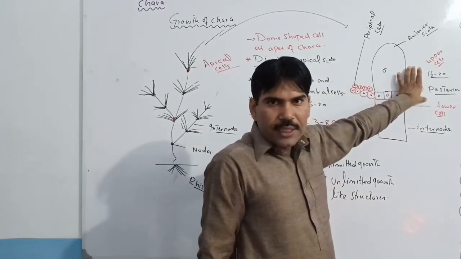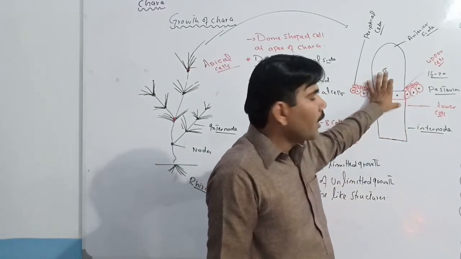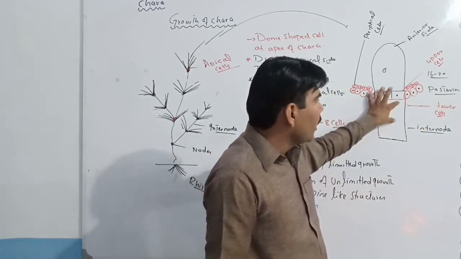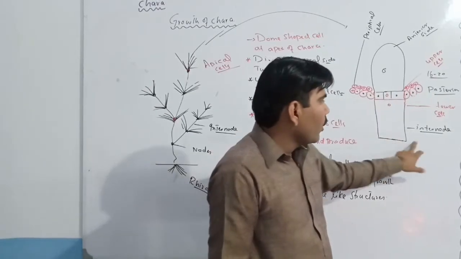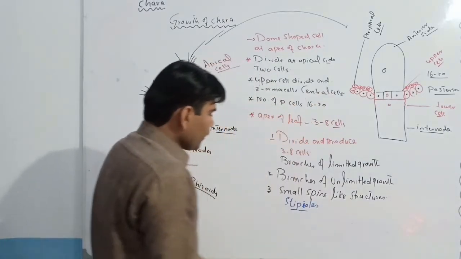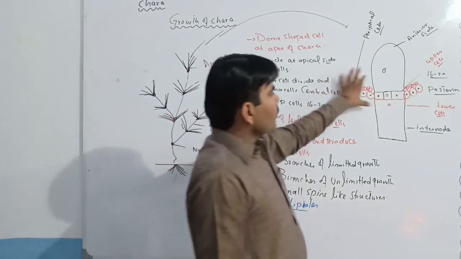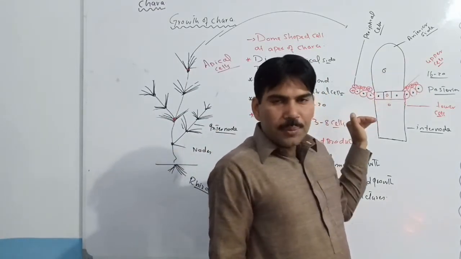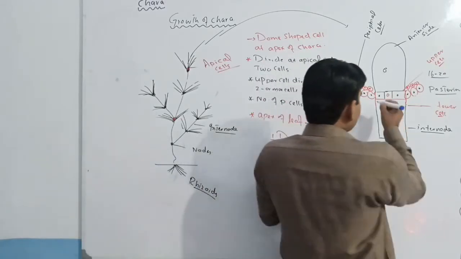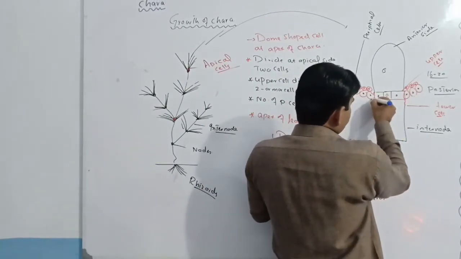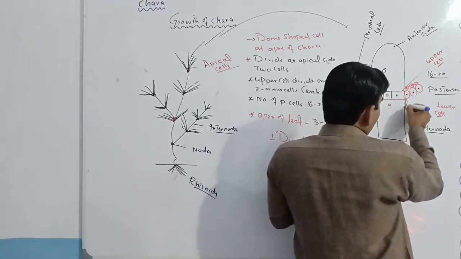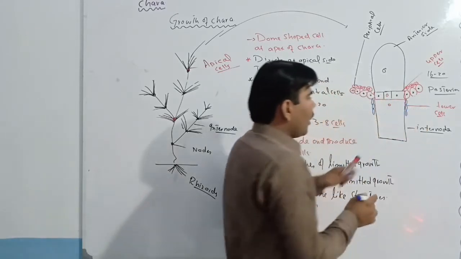And these peripheral cells are formed as a result of division of the upper cell, but the lower cell will not divide and produces an elongated structure which is known as the internode, which is present between two nodes. So some cells out of these peripheral cells grow downward like this, up to half of this cell.